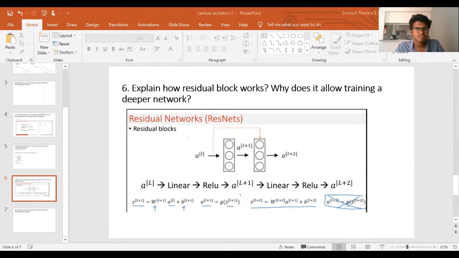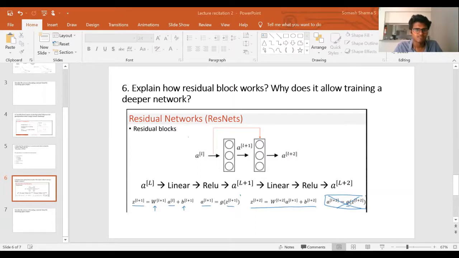It is useful because the network is able to skip some of the layers here without much deterioration in its performance. That is a useful thing about skipping those layers. And this marks my answer for the first part.